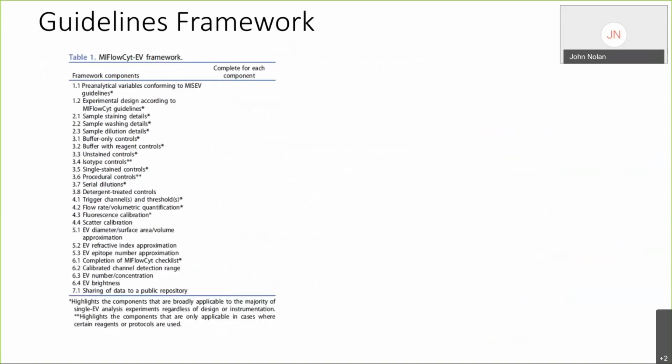So this is a final summary of the key elements that should be reported. And the most appropriate place to report these is in supporting info for a paper. And it's been suggested that we do this in tabular form, as a checklist, where you make some notation about what steps you took to address each of these components.